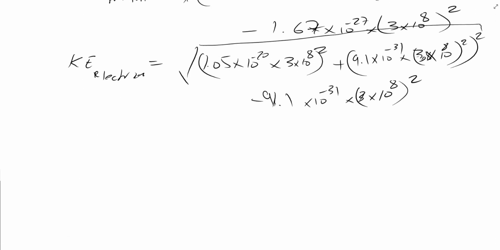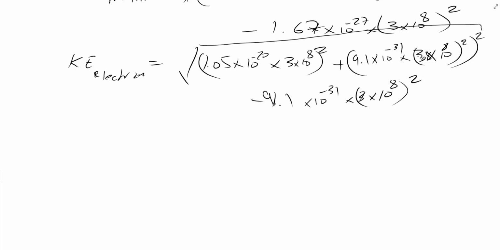So the kinetic energy for the proton first, I'm going to use the same formula and basically change things around. So it's the square root of, open parentheses, the momentum in this case from the previous calculation, I'm going to just copy and paste, open parentheses because we're going to square that number. This is the momentum times the speed of light, which is 3 times 10 to the power 8. This is where you have to be careful with the power.